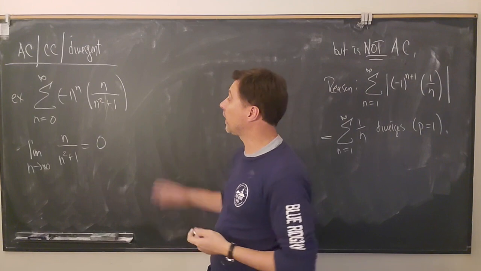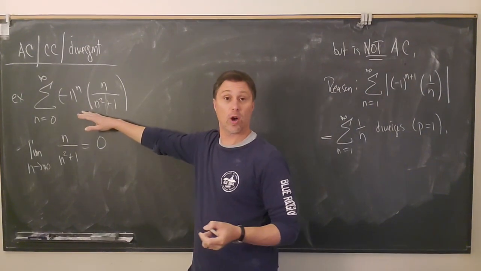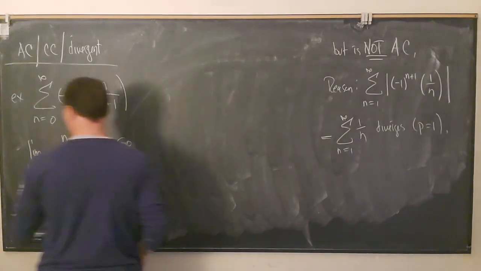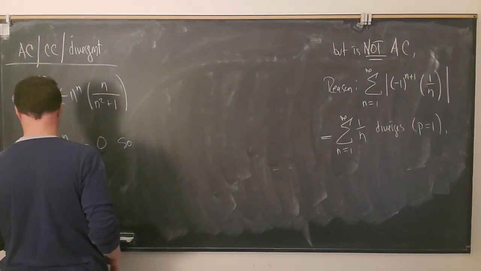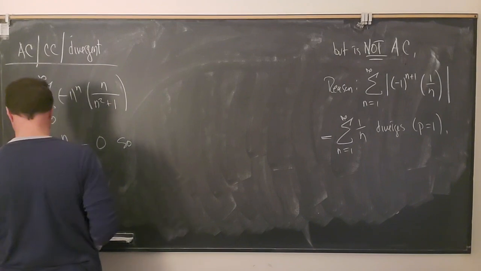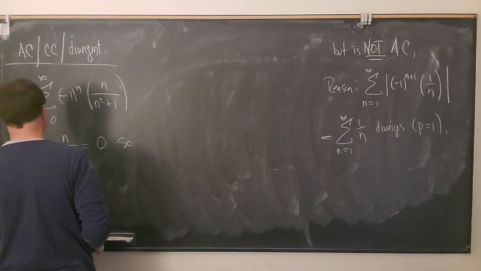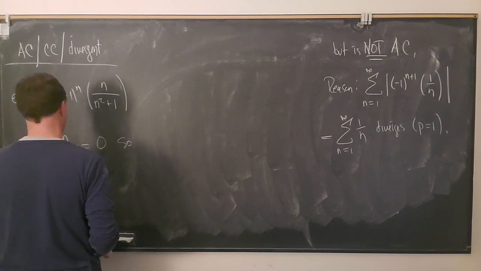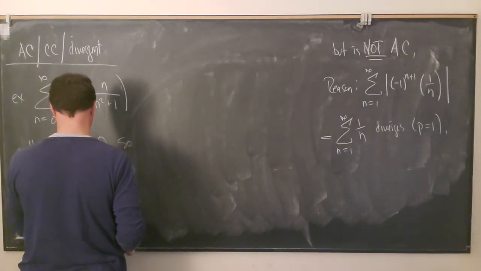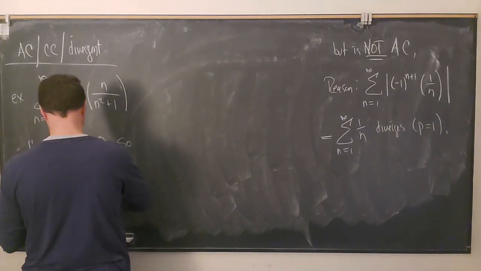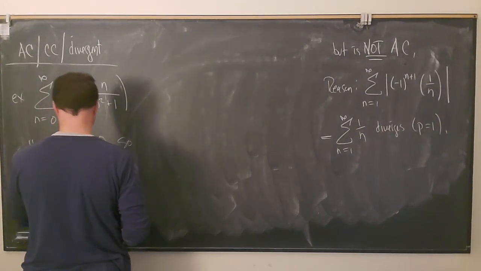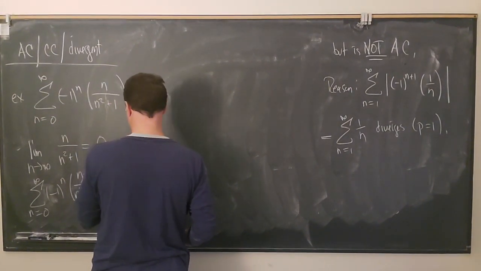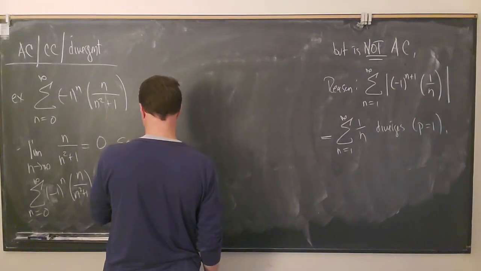So what did I just do? We've got an alternating series here, I applied the alternating series test, and so this series converges. And I need to be careful here. So sum n equals 0 to infinity, minus 1 to the n times n over n squared plus 1, converges by alternating series test.